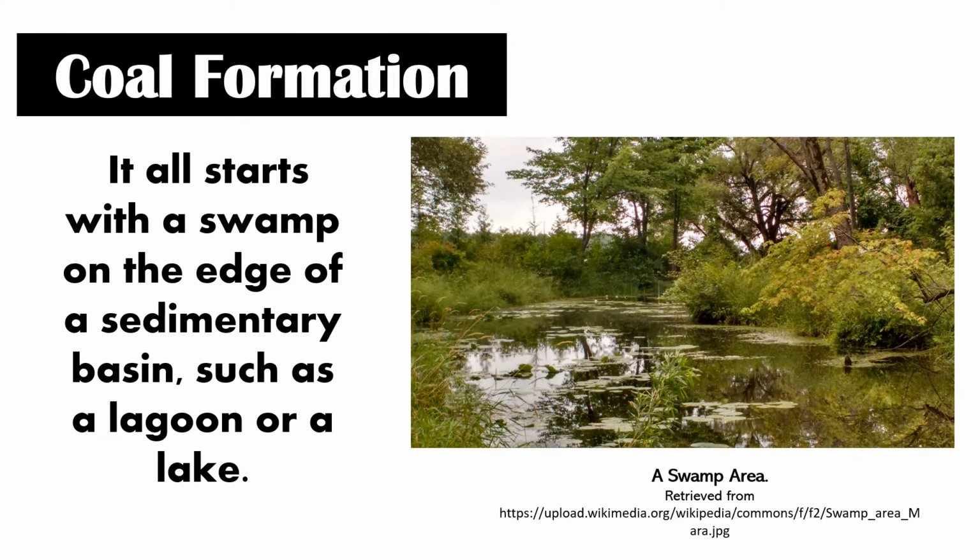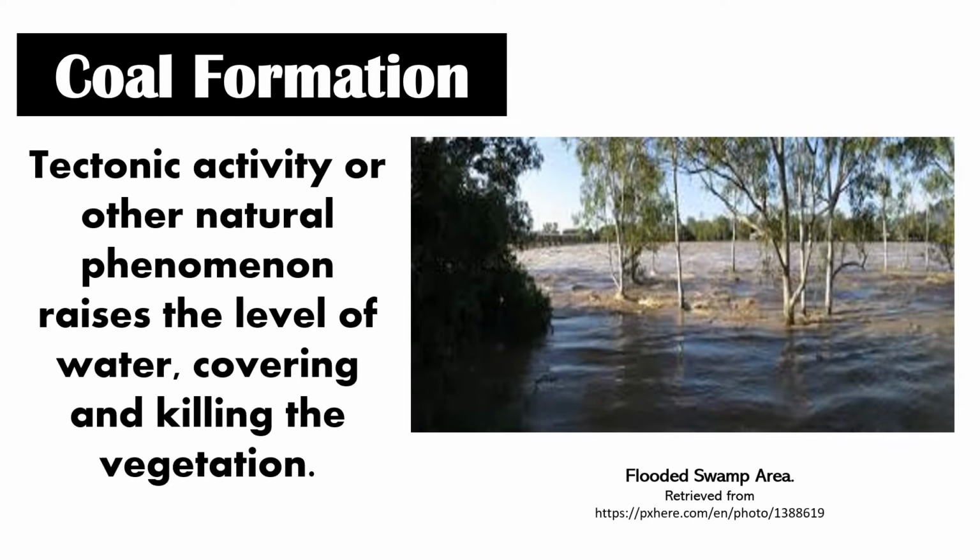Let us go to the actual process of coal formation. So it all starts with a swamp heavily covered by vegetation. Then, tectonic activity, earthquake, or flood due to a storm will raise the water level in the swamp, covering the vegetation with different sediments or debris and then killing it.